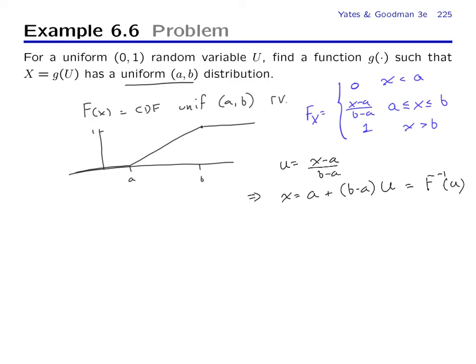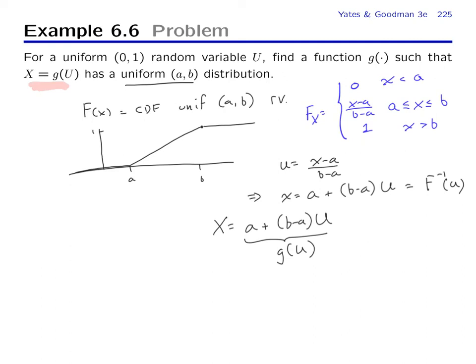And now the final step is we just simply define X equal to a plus b minus a times U. And this is precisely the g of u function that we were asked for up here in the problem statement.